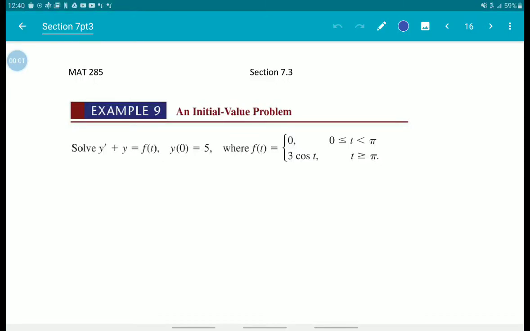So now let's take it all, put it together, and solve a differential equation. So we want to solve y prime plus y is equal to f of t. We have an initial condition, and we know f of t is written as a piecewise function. So our first step really is to rewrite this in terms of the unit step function.